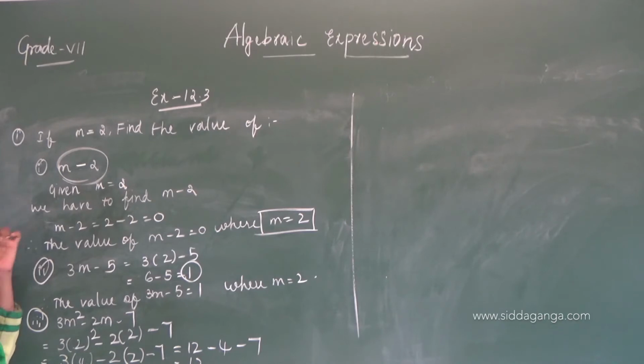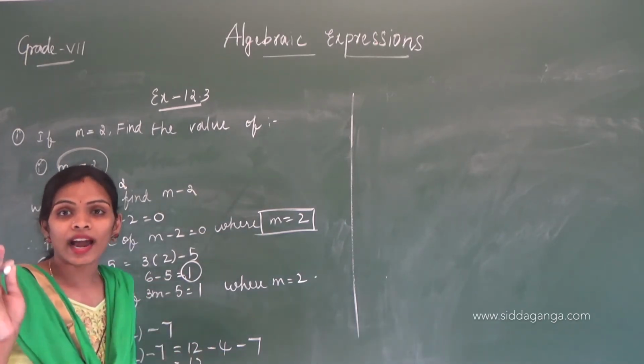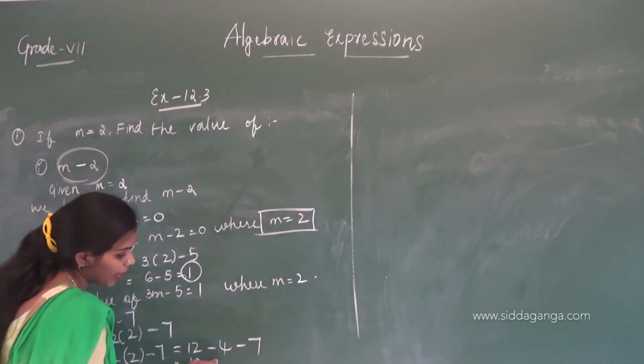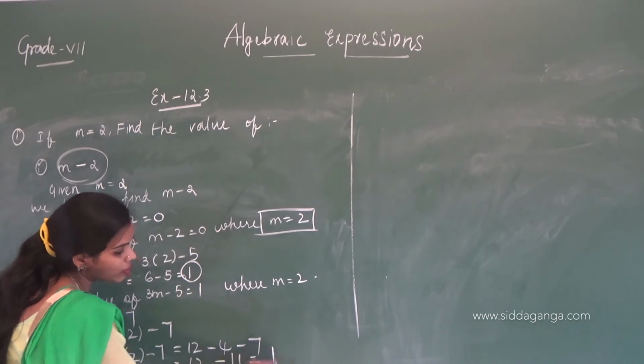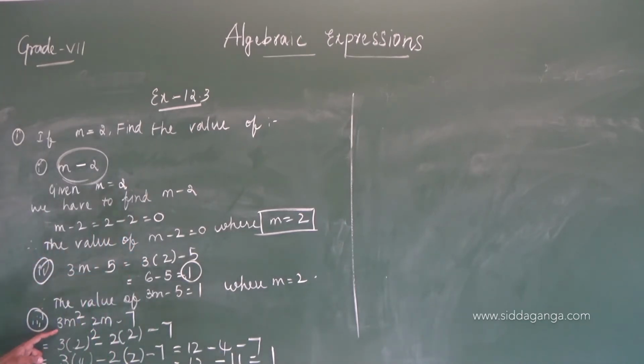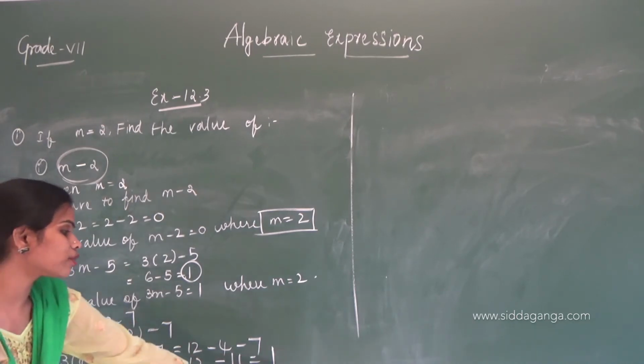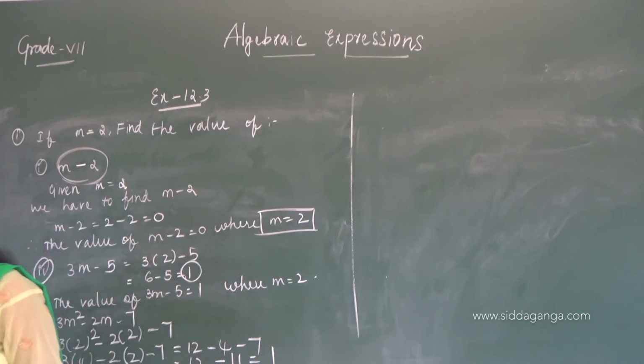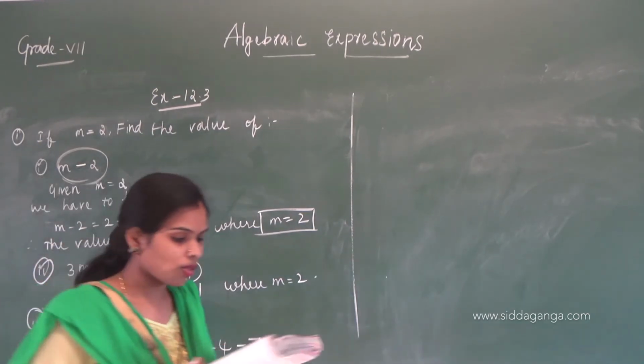What is minus 4 minus 7? You do the addition of 4 and 7, and then give the negative symbol to the result: minus 11. 12 minus 11 equals 1. Therefore, the value of 3m square minus 2m minus 7 equals 1, where m equals 2.